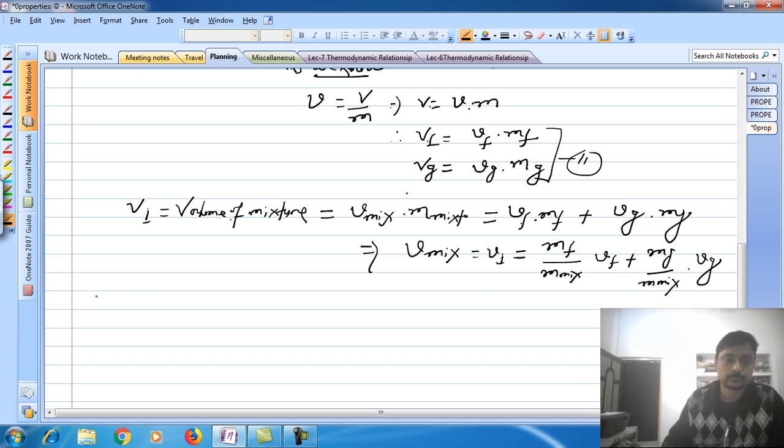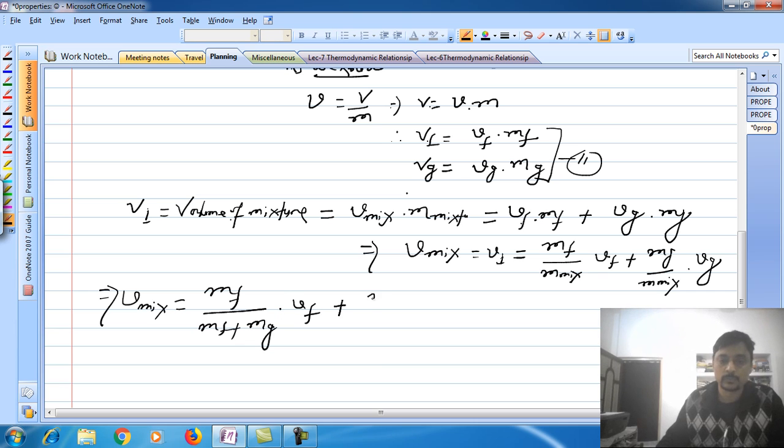So finally, the specific volume of mixture may be written as: mass of fluid over mass of mixture. What is the mass of mixture? Mass of fluid plus mass of vapor, into the specific volume of fluid, plus the mass of vapor divided by the mass of fluid plus mass of vapor, into the specific volume of vapor.